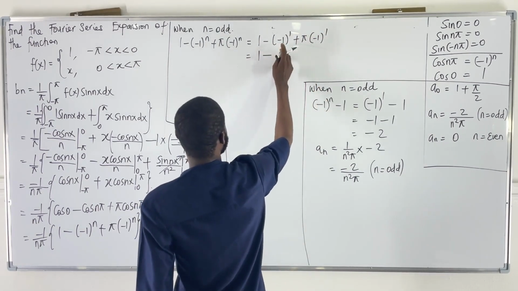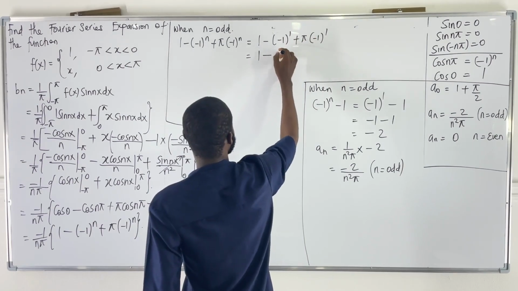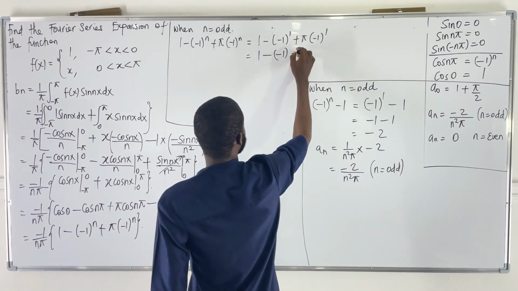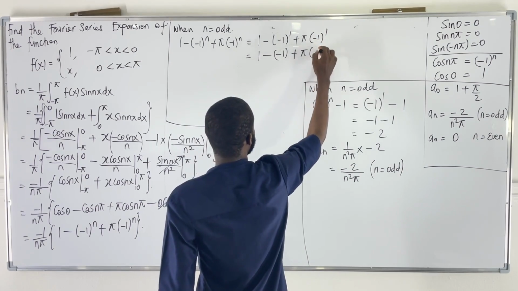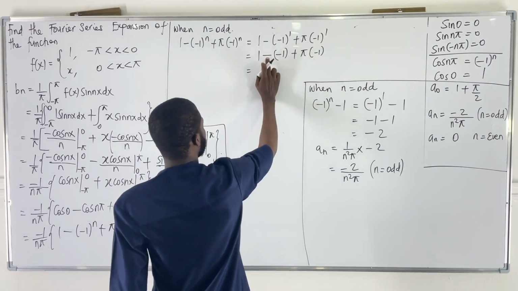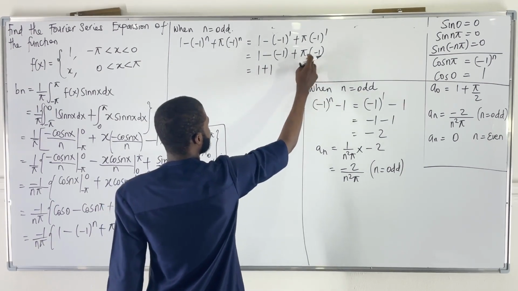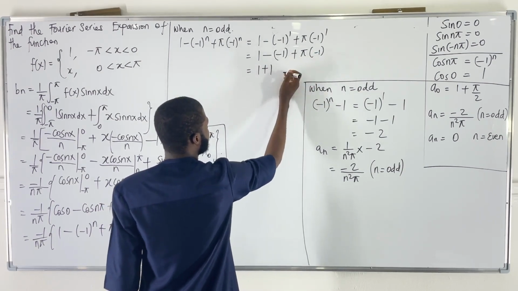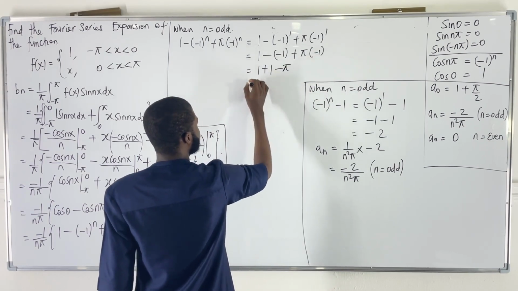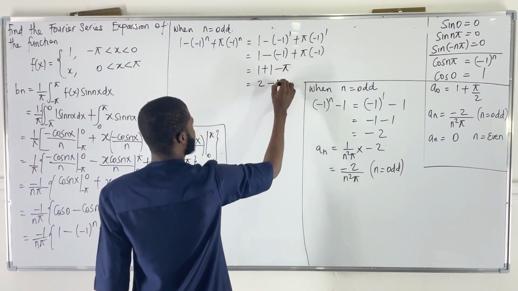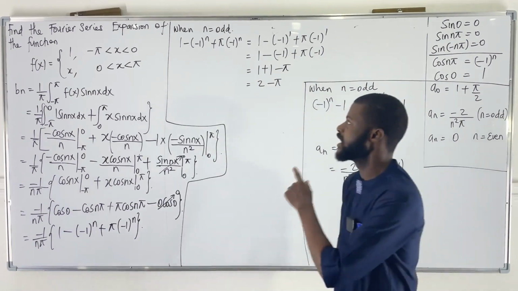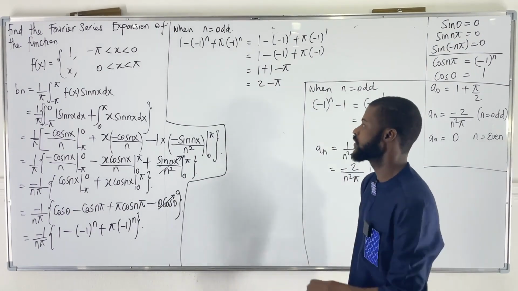That will still be minus 1. Minus minus gives me plus, so this is 1 plus 1, and then this one gives me minus pi. So this becomes 2 minus pi. This is my expression for the bracket when n is odd.